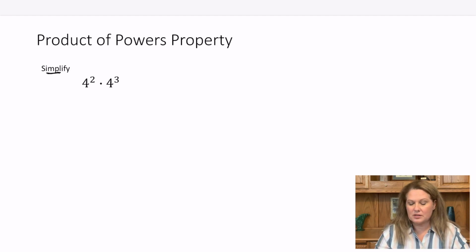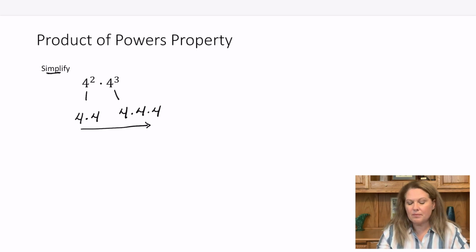So if we remember that 4 to the 2nd power is really 4 times 4, and our second power is 4 to the 3rd power, remember when we extend that out, that's going to be 4 times 4 times 4. Now we have repeated multiplication all the way through.